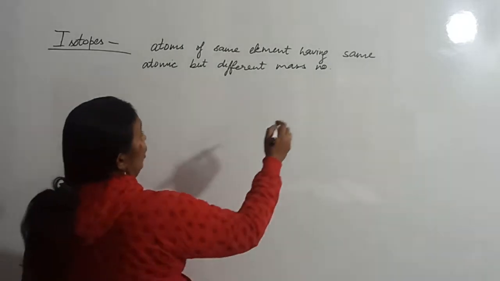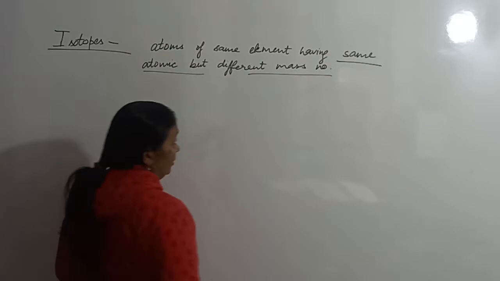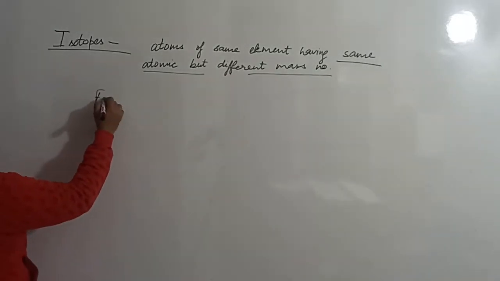They have similar atomic number but different mass number. For example, hydrogen.